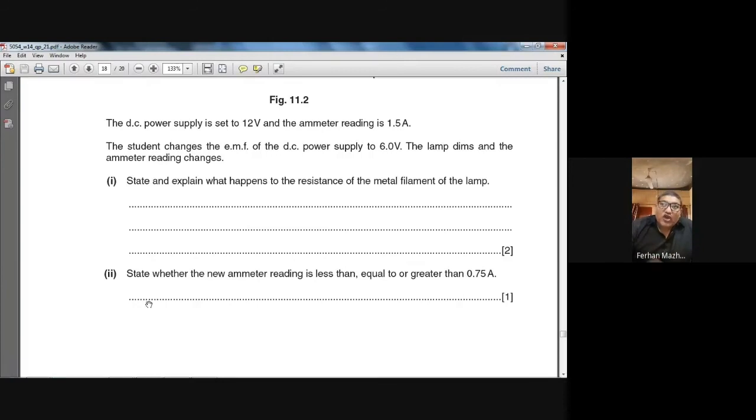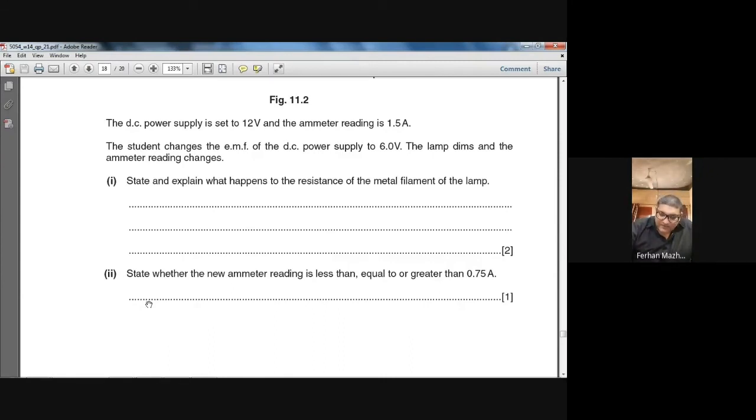So automatically in your mind it will come that the current will also become half. From 1.5 ampere, the current should become 0.75 ampere. According to Ohm's law, this should happen.